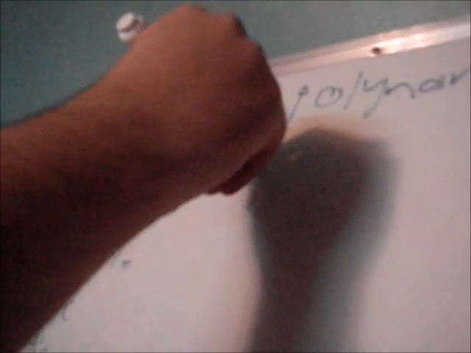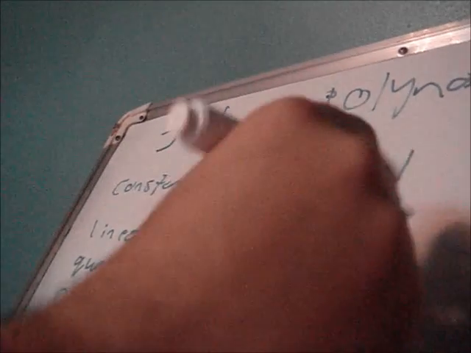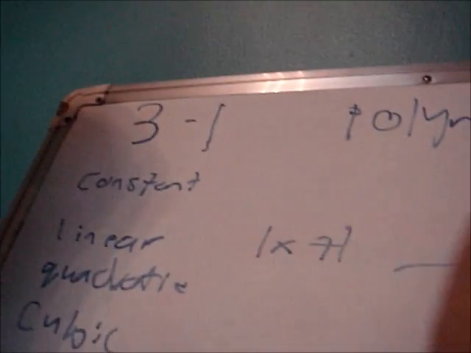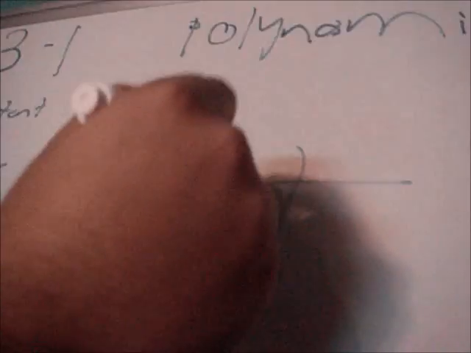For example, 1 is a point only, while a linear has an unidentified number in it, or an x. So for example, 1x plus 1. The value should at least cross the line once.